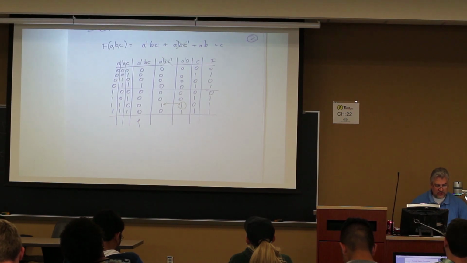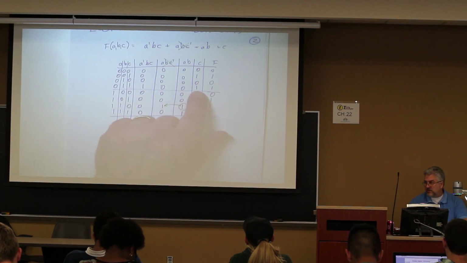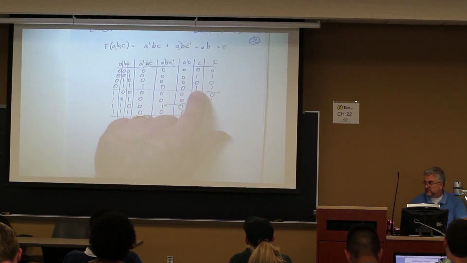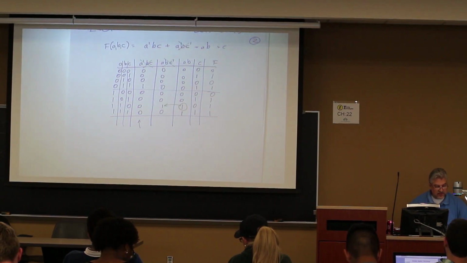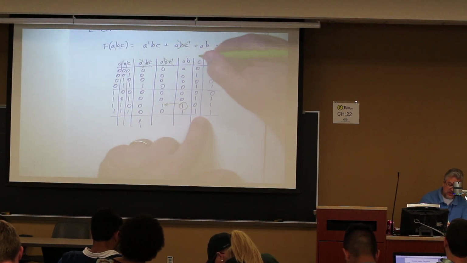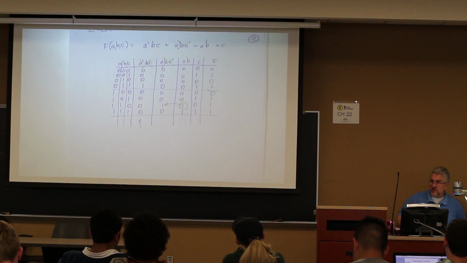Are there any other situations like that? How about the first one? Here's a 1. There's only one situation where that is true, and that could be represented by this one all the way at the end. So you don't really need that one at all. And what about these two? A and B, C is going to be totally different.